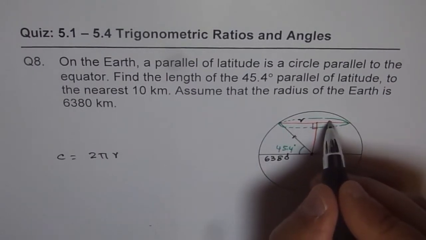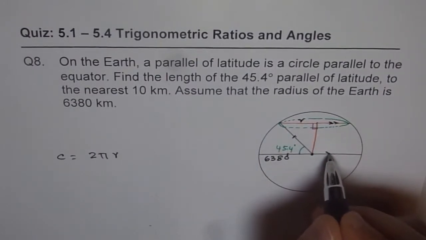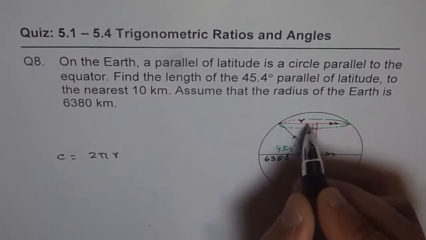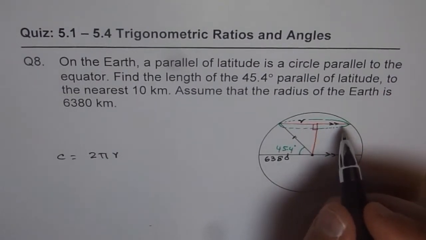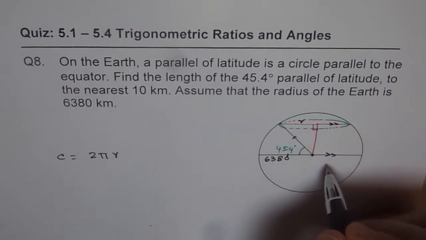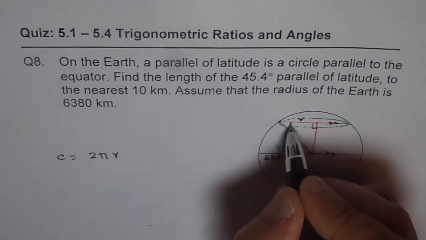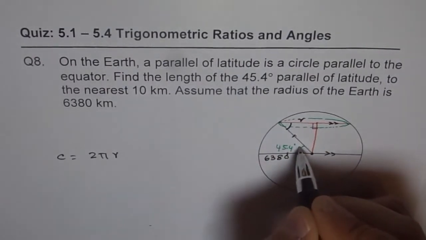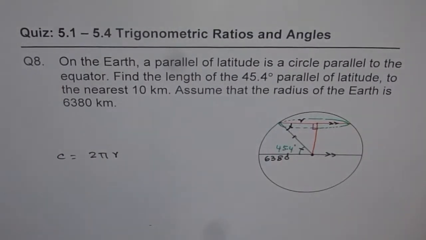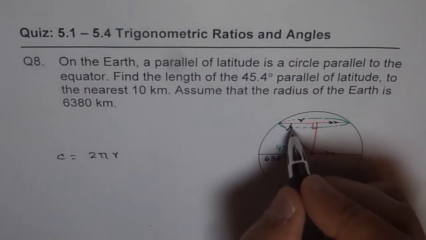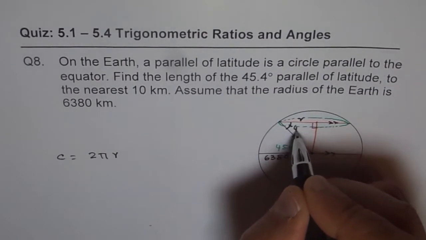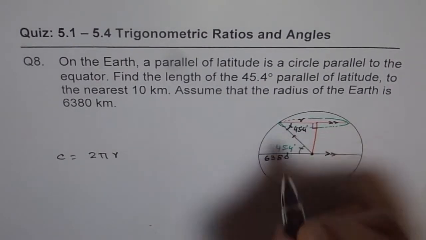These two lines will be parallel, the diameter of the earth and the diameter of our parallel of latitude. Therefore, this angle, being an alternate angle, will also be equal to 45.4 degrees. So we have an angle of 45.4 degrees right there.